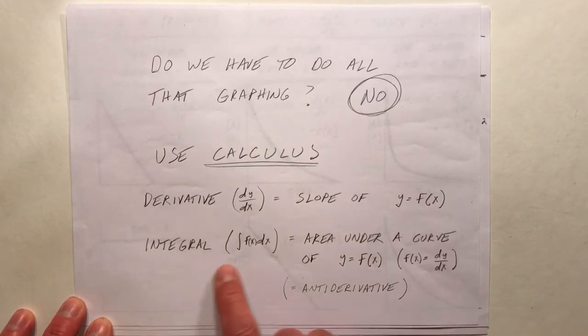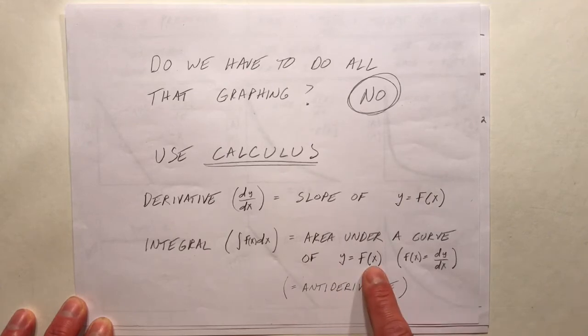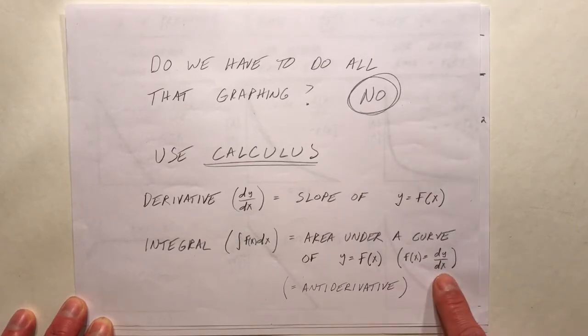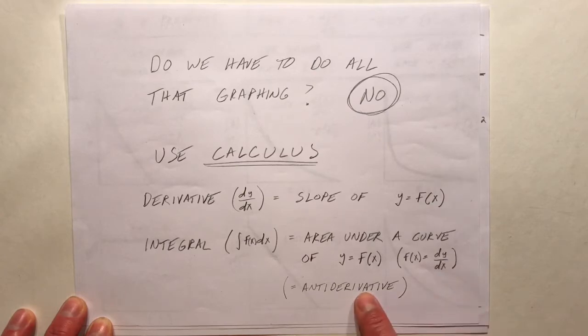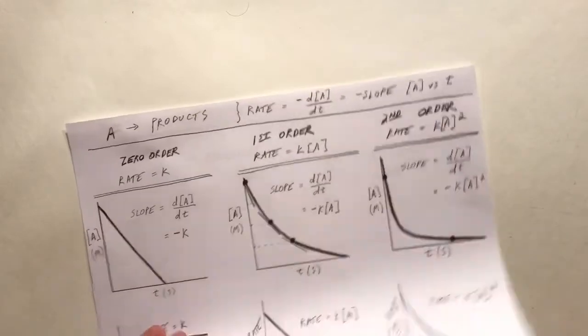And an integral, and this is the format of an integral, would give us the area under a curve of a y equals f of x expression. Now that's really important to us when f of x is some type of a derivative itself. We could say that the integral is the antiderivative. So let's see what that really means.